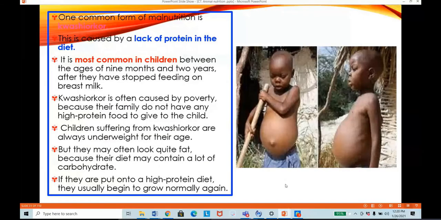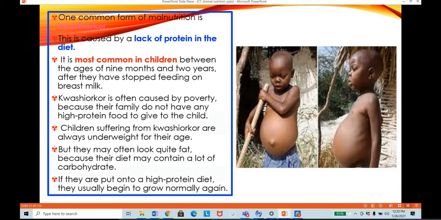Kwashiorkor is a disease because of poverty, because the families are unable to feed their children a good protein diet. The body is slim, but they have a swollen belly. It could be cured if they put on a high protein diet. Once again, they'll grow normally.